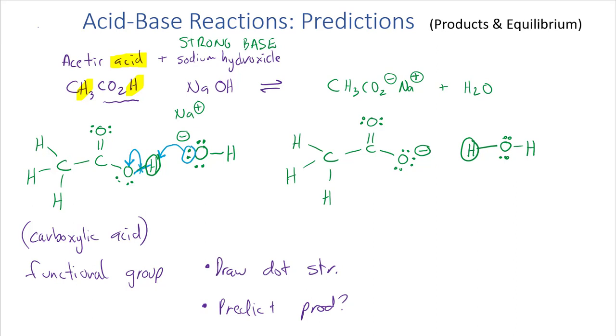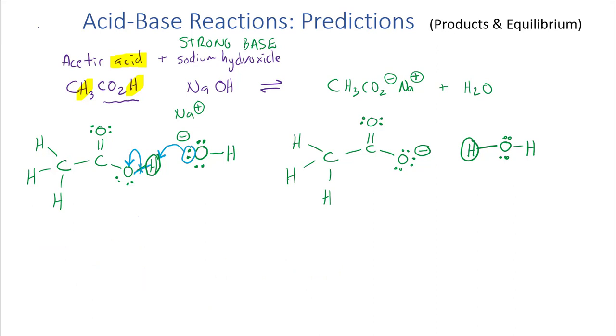Now let's look at a couple of factors here. First, we assumed that we're picking the hydrogen off of the oxygen and not one of the 3 hydrogens off the carbon. We're going to just stick with that assumption for now. Let's see if we can predict whether this equilibrium would be forward or reverse favored.